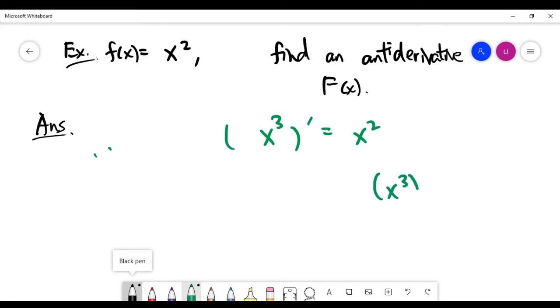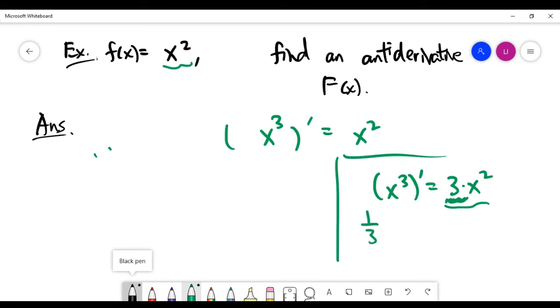But if you check it in your mind, the derivative of x cubed is 3 times x squared, right? So there's a factor of 3 that is the difference between this function and the given function x squared. So what can we do about that? Please check in your mind. If I write the 3 as a division factor for the function x cubed, let's differentiate together.